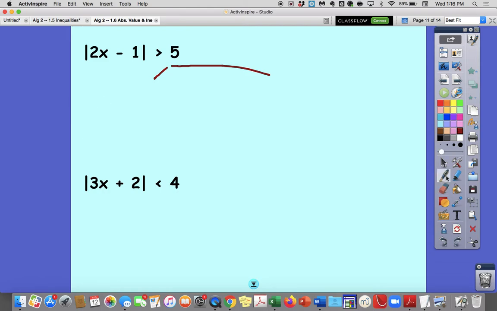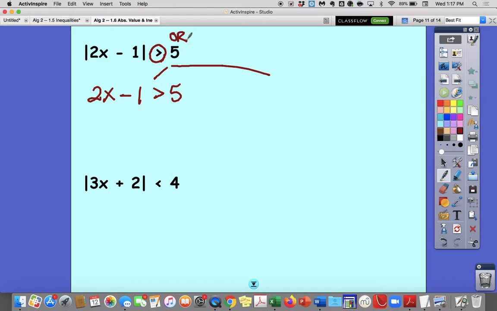We want what's inside the bars, 2x minus 1, and we're going to keep it greater than 5. There's a little addendum here. We're not always going to write the word or. We're going to write whatever it needs to be. You go look at your original. It's greater, so on this one we are going to write or.